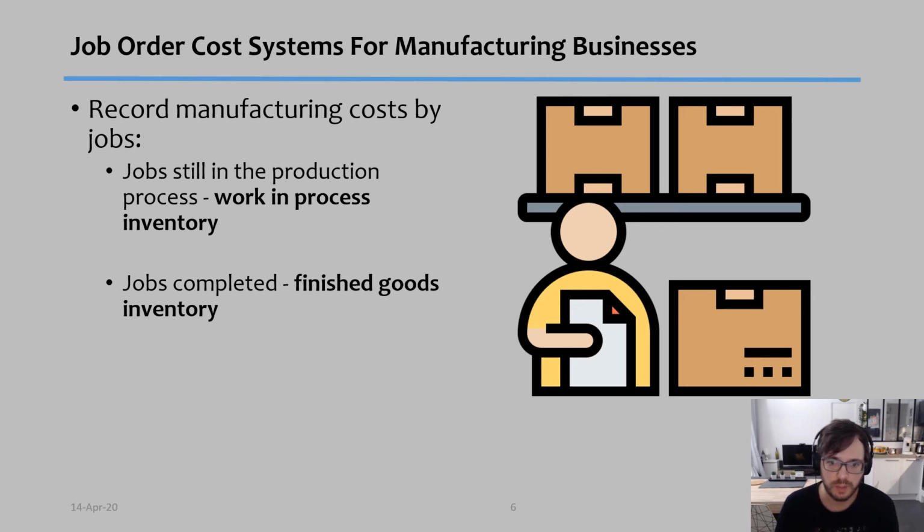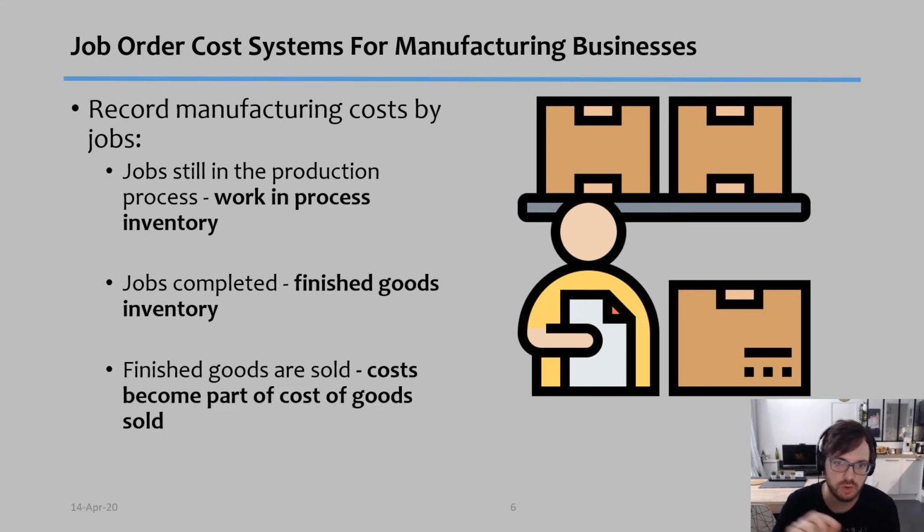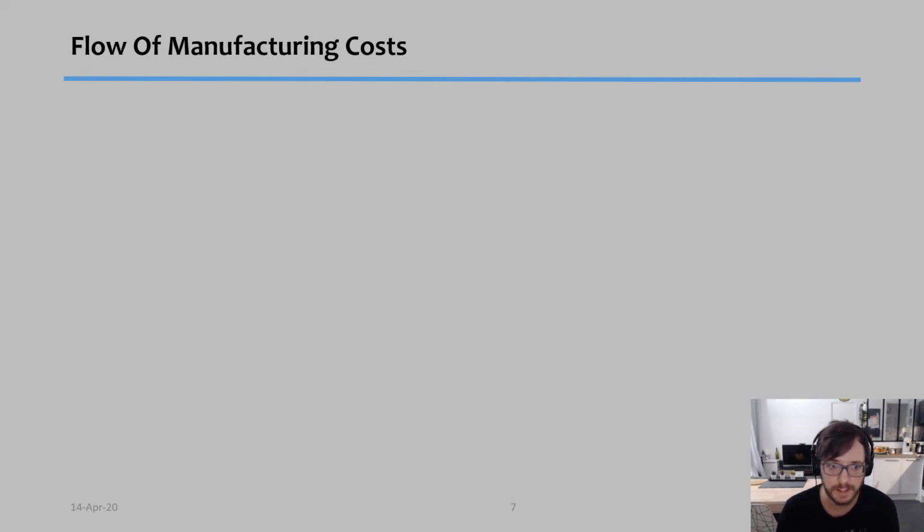Once jobs are completed, all the costs associated with that job, we're going to keep on the finished goods inventory. And finally, once those finished goods are sold, then the costs that were in the finished goods inventory will be moved into our cost of goods sold. And this is how we move the costs from one category to another in a manufacturing business.